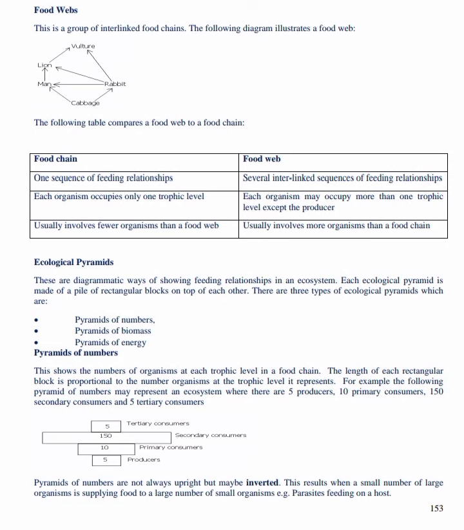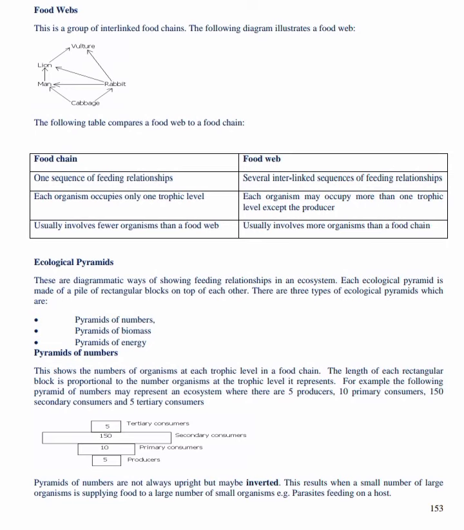The other two we'll look at in our next lesson. The pyramid of numbers, just like the name says, focuses on the number of organisms on each trophic level. Remember, the first level is producers, followed by primary consumers, secondary consumers, and tertiary consumers.